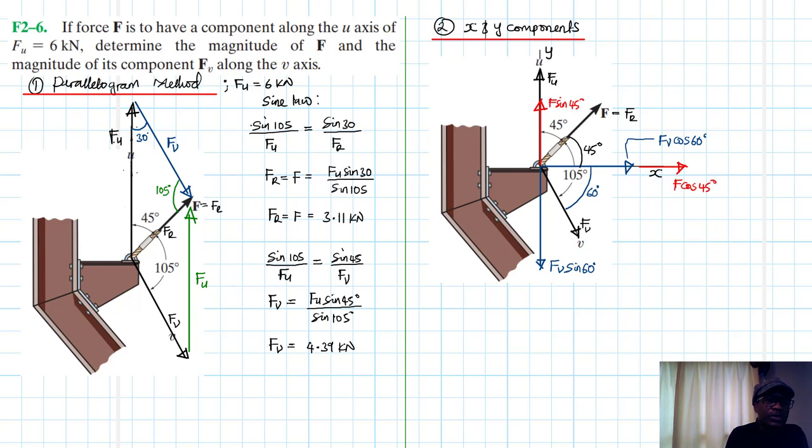Okay, let's draw a table. So we have force, we have the x component in kilonewtons, and we have y in kilonewtons. So let's draw a table quickly, like so.